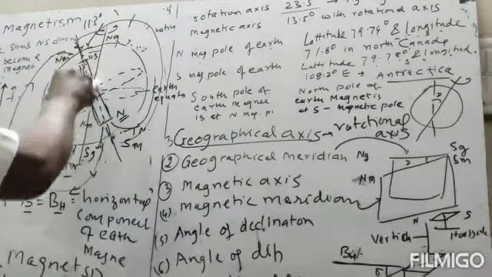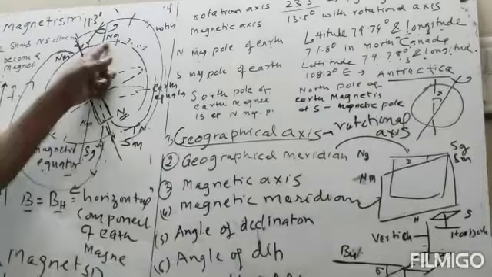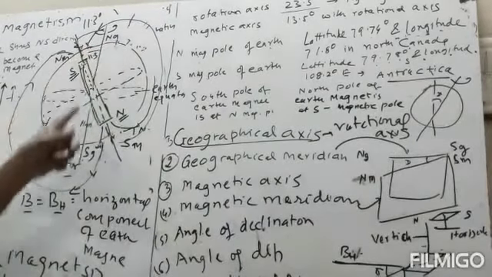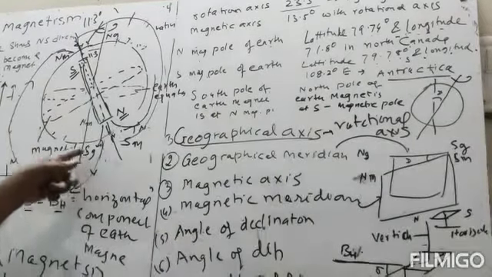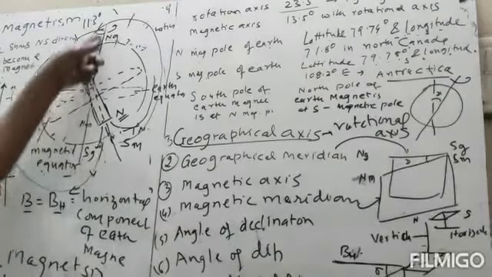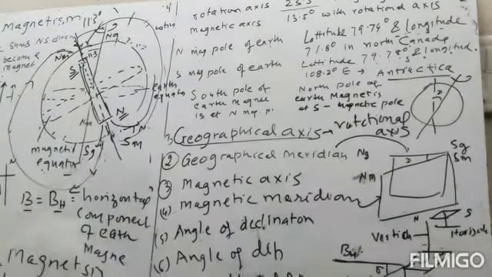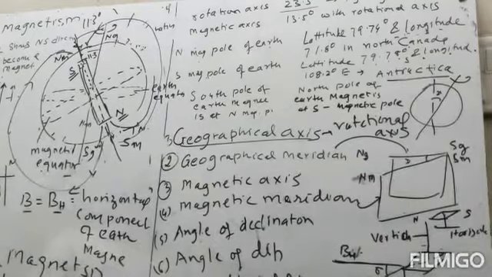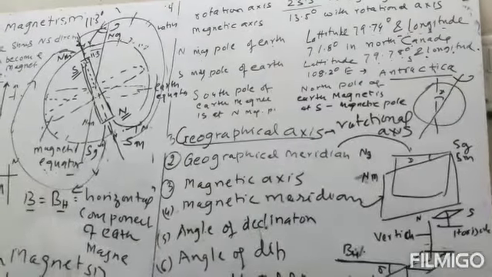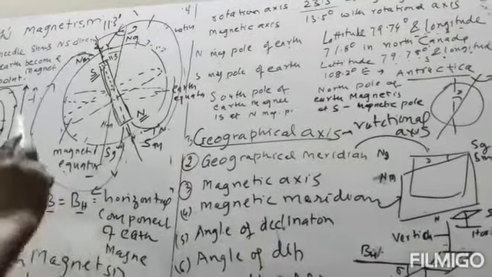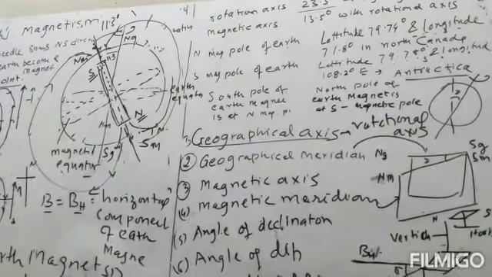So a line which is joining the north geographic pole and south geographic pole is known as the geographical axis, and this is the same as the rotational axis about which the earth rotates.